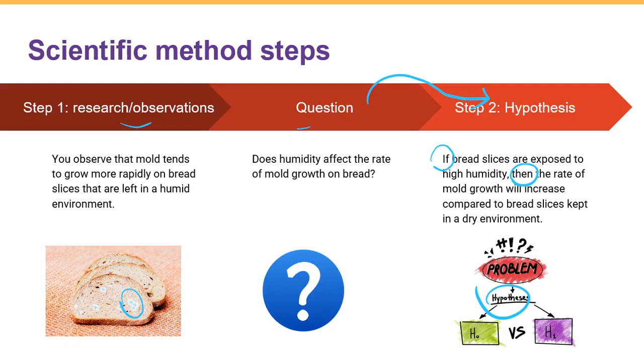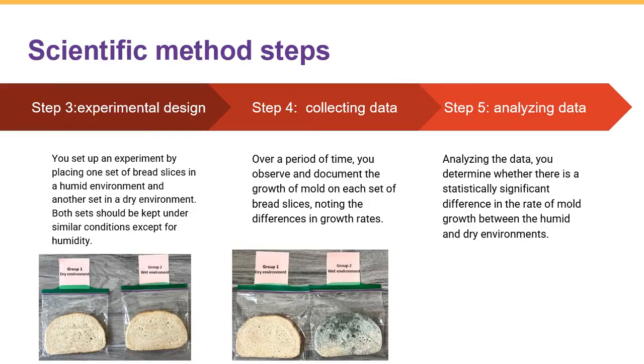What would be the next step? You have to see if your hypothesis is correct or not, right? So you're going to design an experiment. You're going to set up an experiment with two groups of bread, the same size, in similar conditions except for humidity.